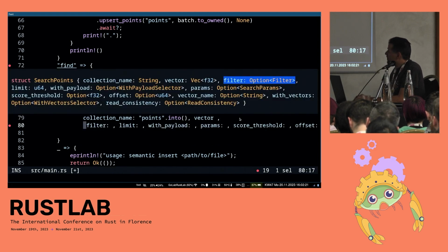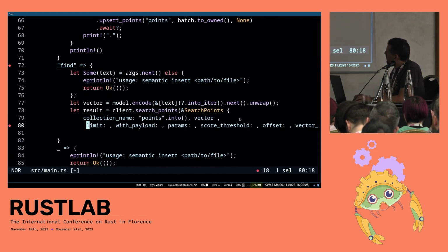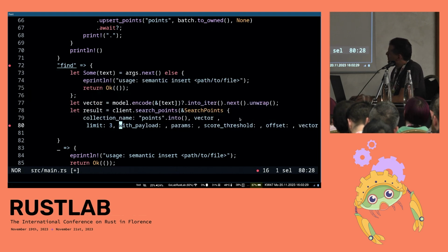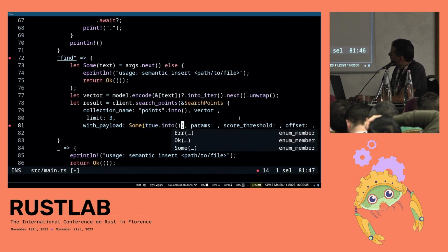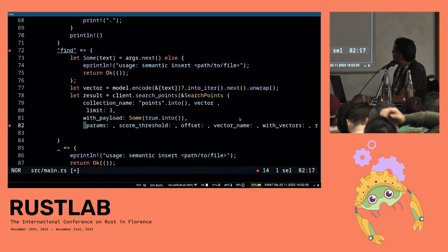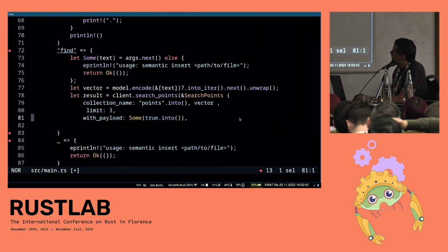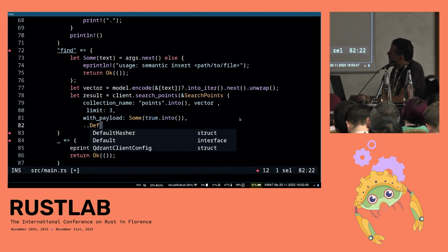So there's a lot of stuff we could do here, but I'm not going to do it. Just limit is something, and with payload is also something that we want to have. The rest I don't care, so just use the default.